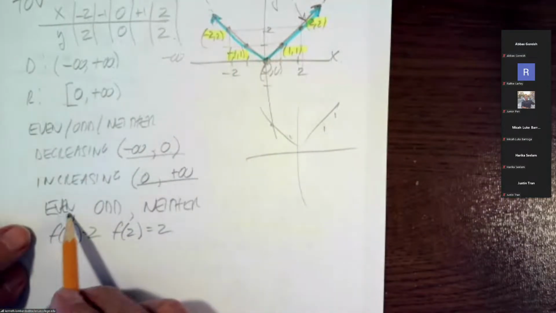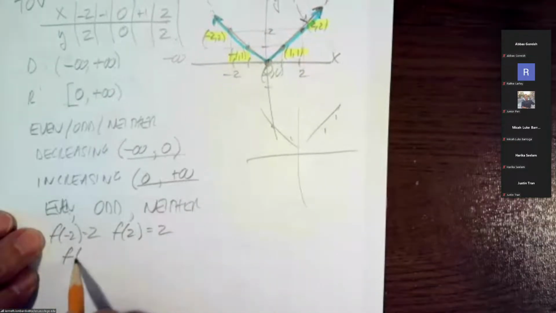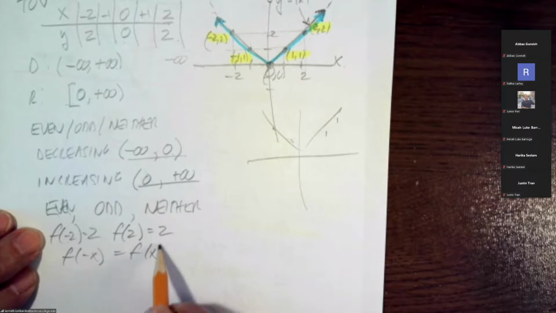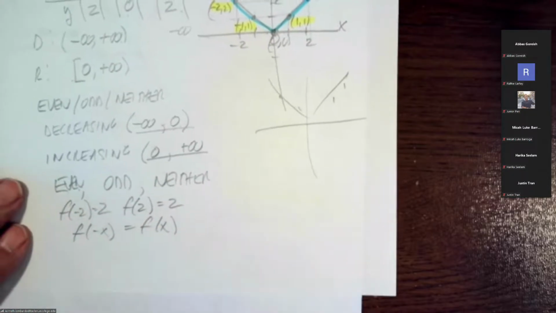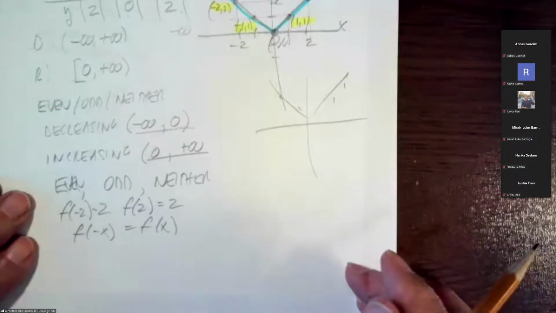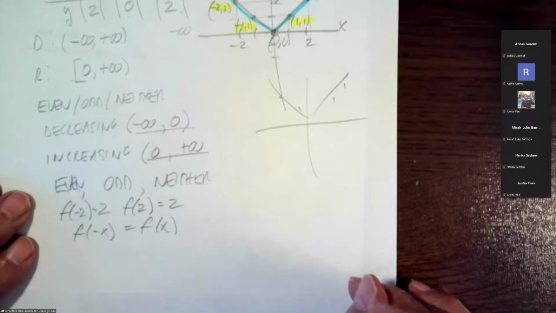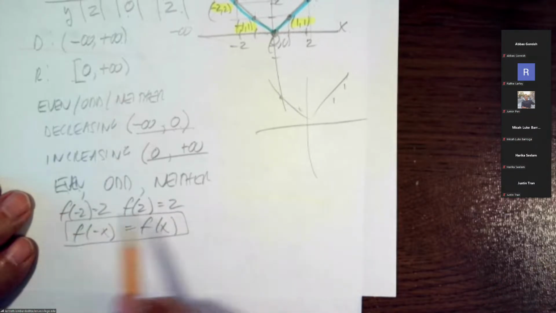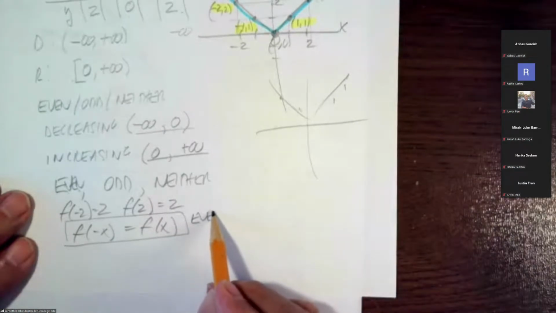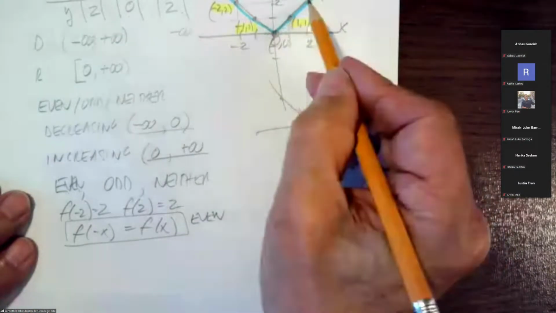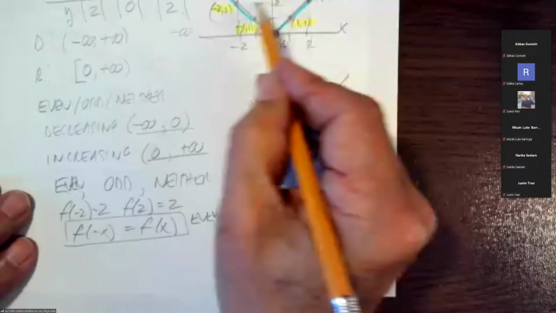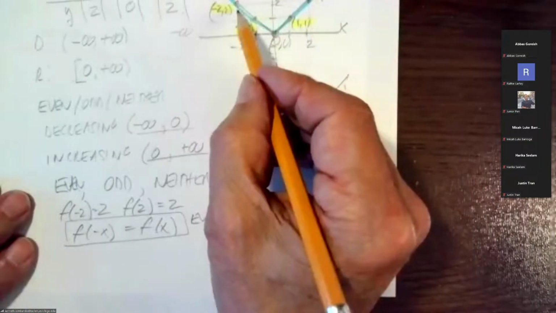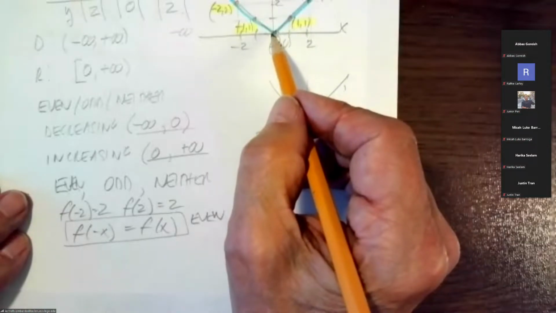So when we had f evaluated at negative x equals f evaluated at x, what did we say that function was? Even. We said it was even, didn't we? When these points are the same in the y, then we're going to call that even.